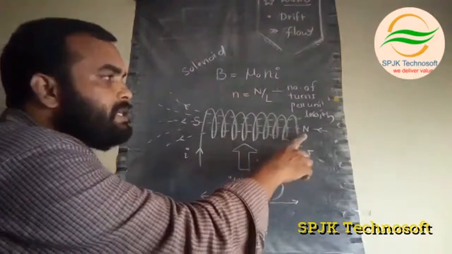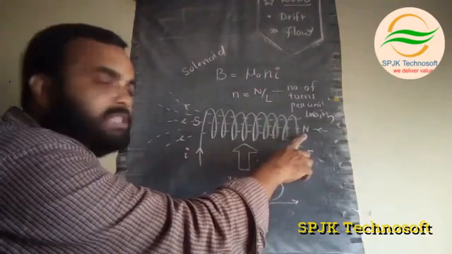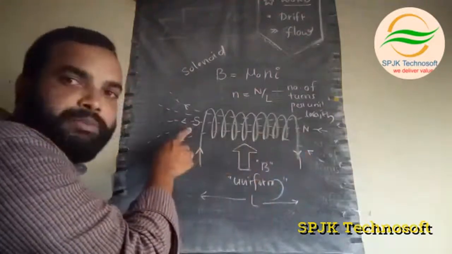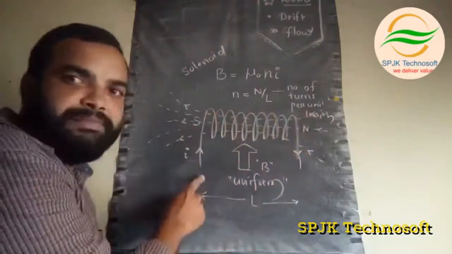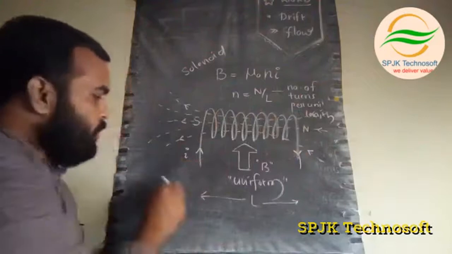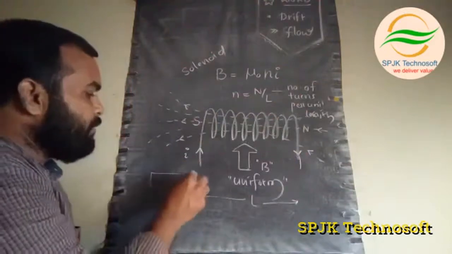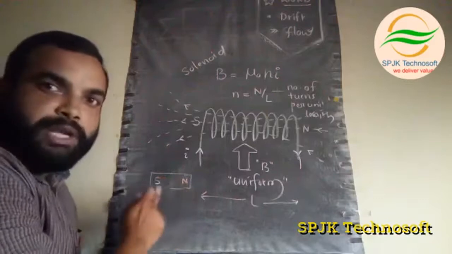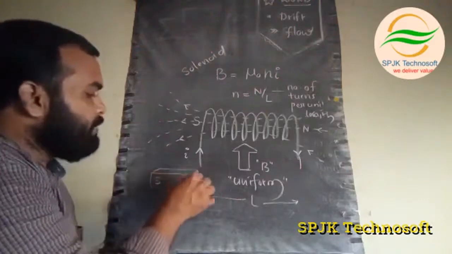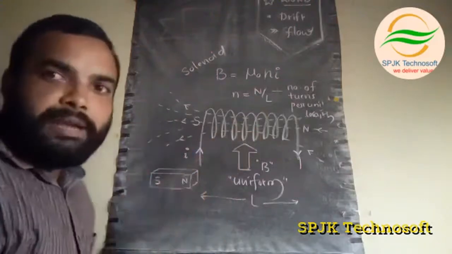If the current is anti-clockwise, it behaves as a north pole. If clockwise, it behaves as a south pole. Simply we can say that a solenoid acts as a bar magnet, because we know from lower standards that a bar magnet has a north pole and a south pole. Similarly, a solenoid also acts as a bar magnet.